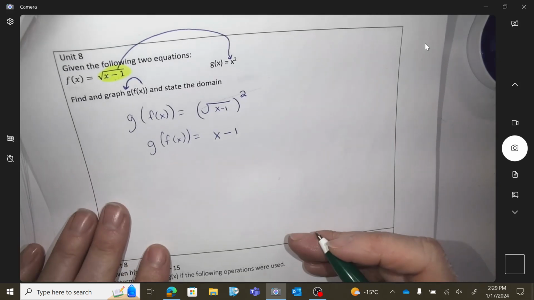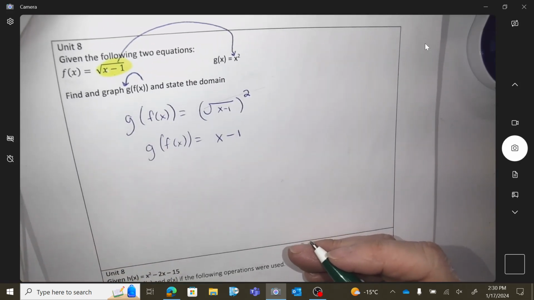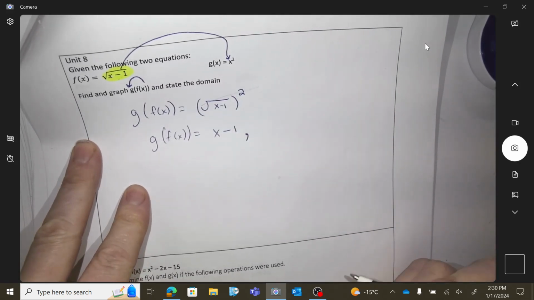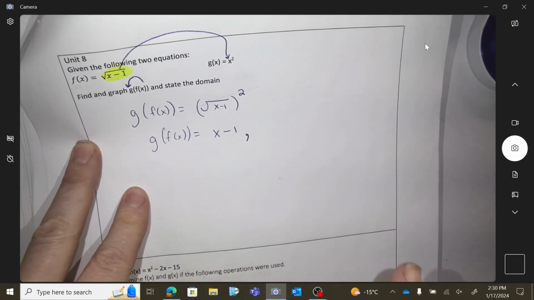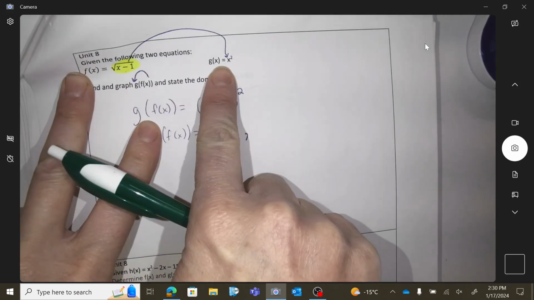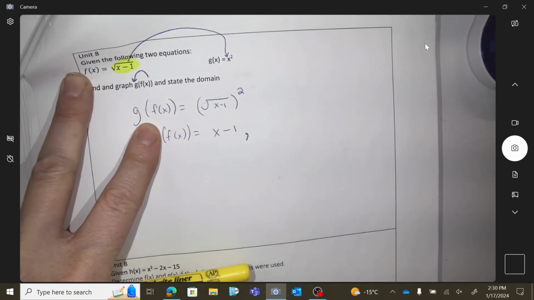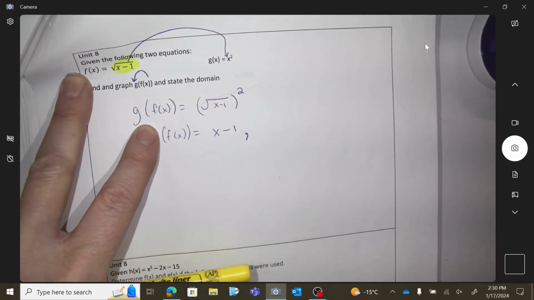Okay, I noted on this document that Morgan sent out, I read through it, and it said when you have composite functions, you need to talk about the domain. If there's something that's restricting the domain, you need to talk about it. Is there anything here or here that restricts your domain? Yes. This one's okay, right? I can square anything, that's fine.